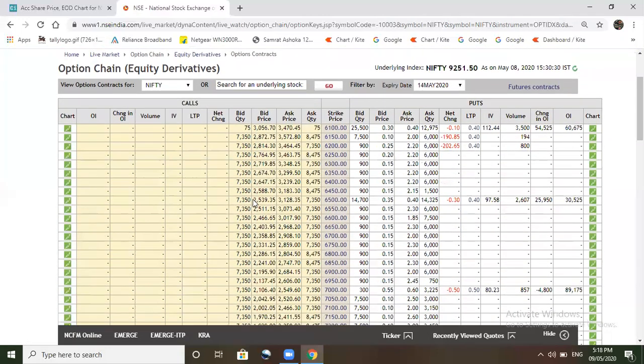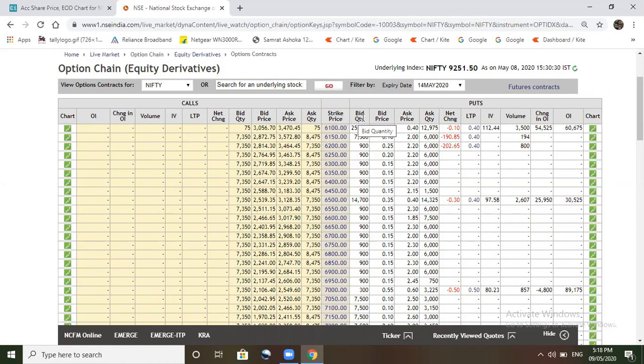If you see here, there are different columns. Here the call side is there, and here the put side is there. There are different columns like open interest, change in open interest, volume, IV, last traded price, net change, bid quantity, bid price, ask quantity, and strike price.